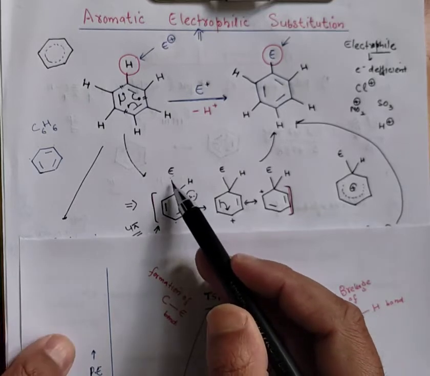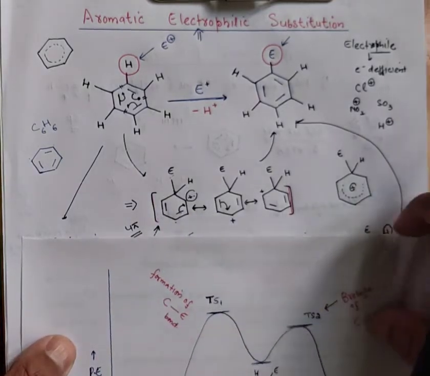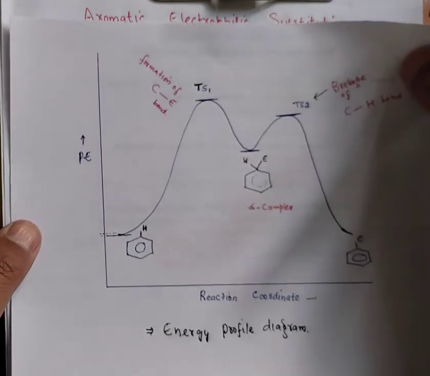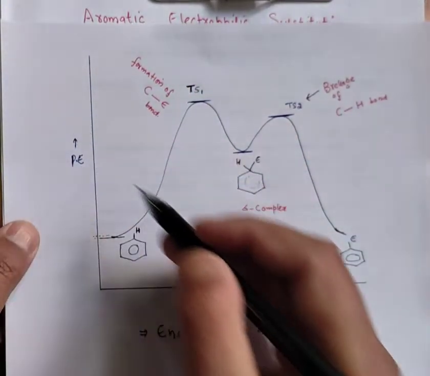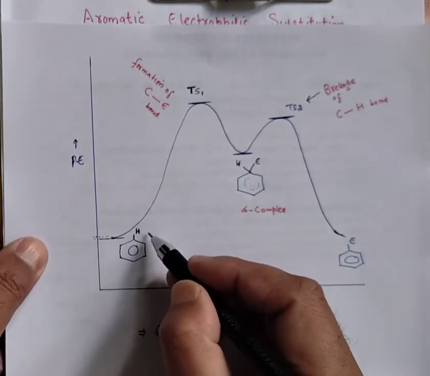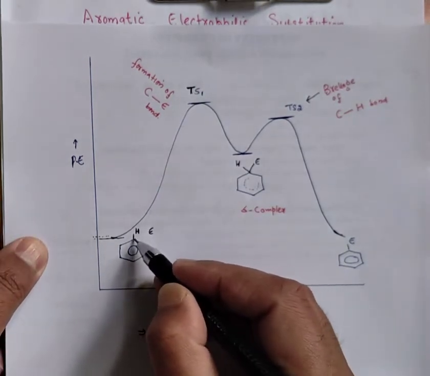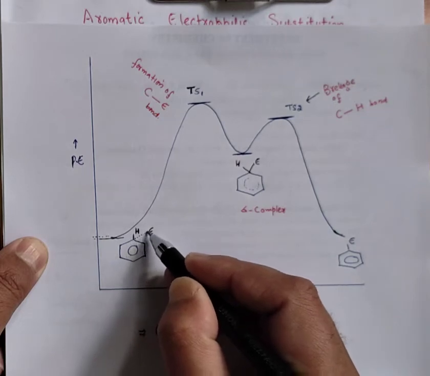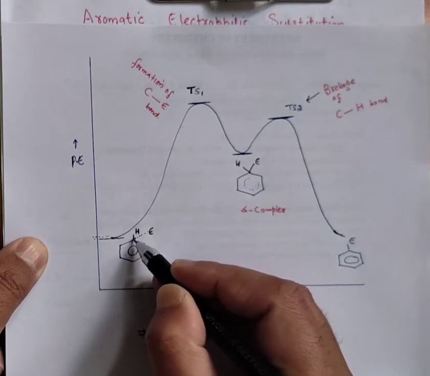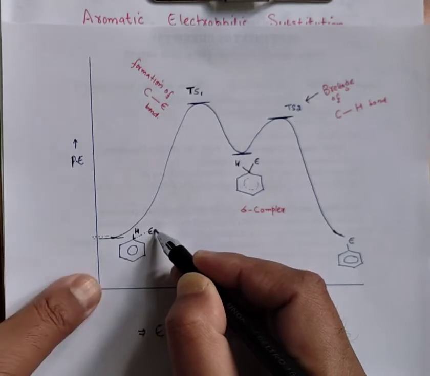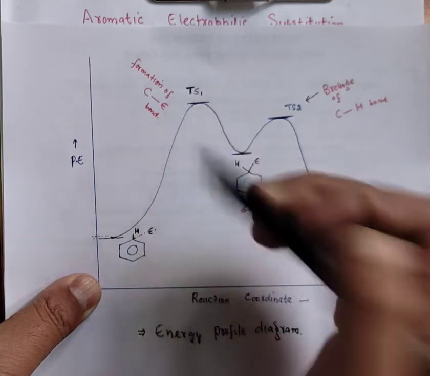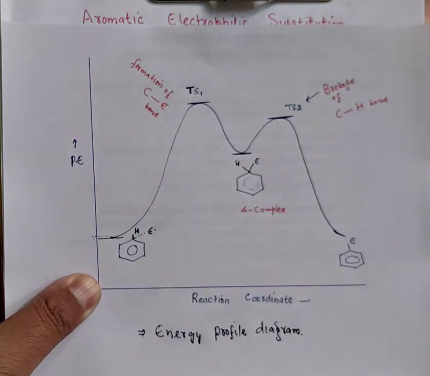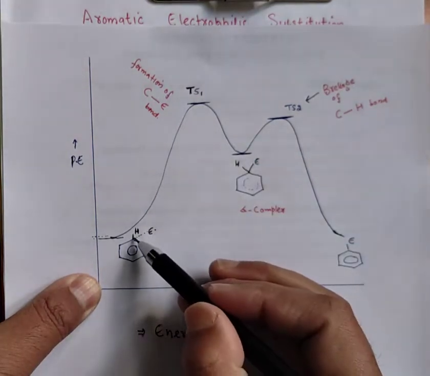Okay. Basically, what happens? At step number 1, at the initial step, the electrophile that comes here is not directly bonded. It has a weak bond with this. It's a partial bonding between this carbon and the electrophile. So that's what it's writing, formation of C-E bond. So this transition state, the earliest stage of the intermediate, has a partial C-E bond. Okay.